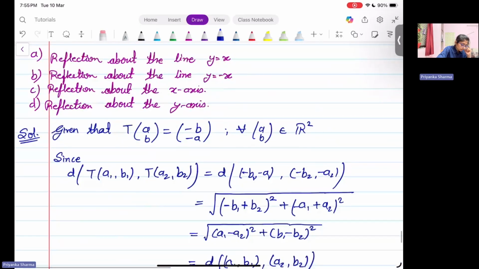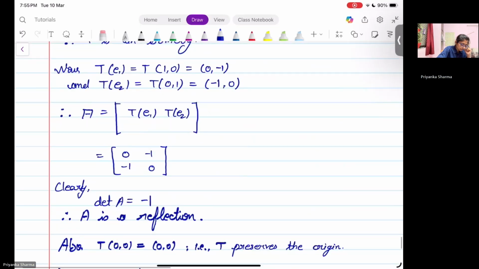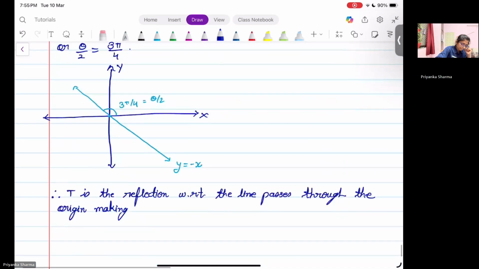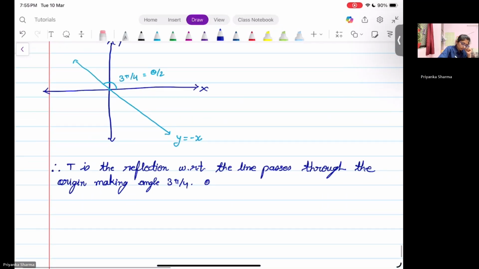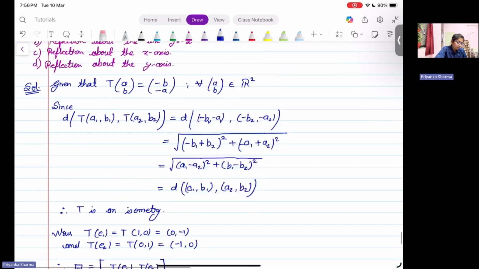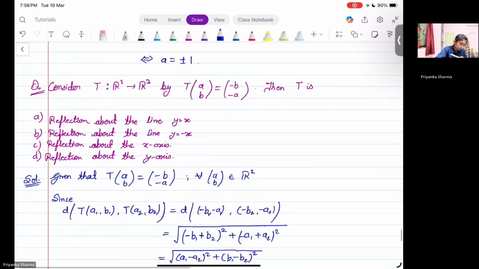So this is about the line y equals minus x. Okay, so this is the correct answer.